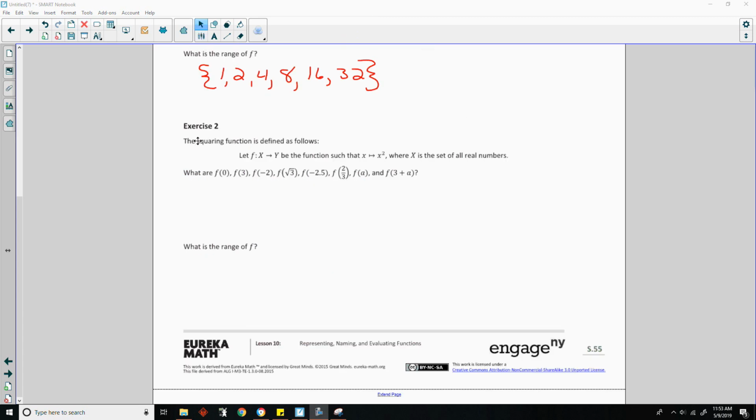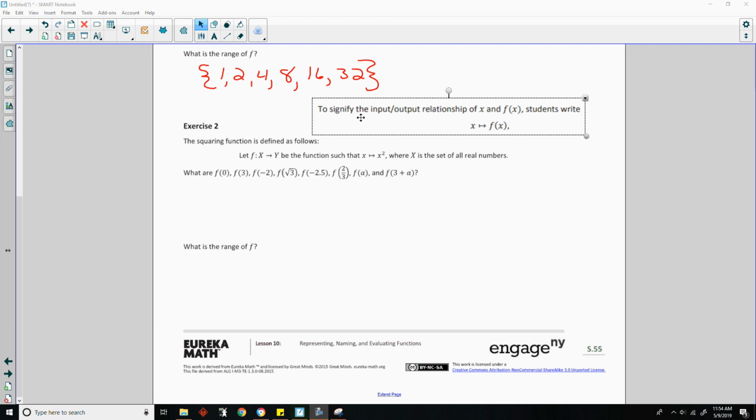Okay, so exercise 2 says the squaring function is defined as follows. Let f, the function f that maps X onto Y, be the function such that x is being mapped onto x squared. Now let me just stop there.